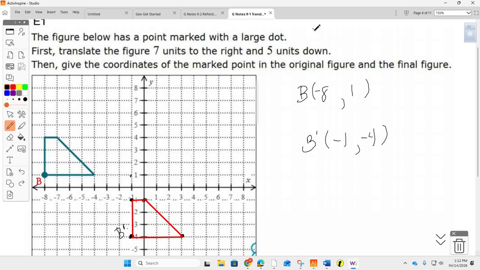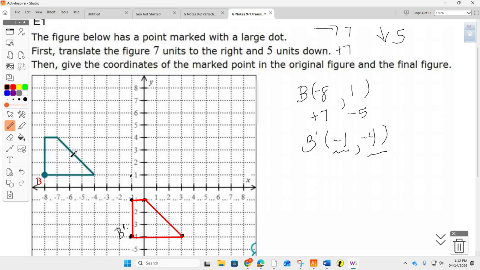So here they told us to go right 7 and down 5. If you'll notice, if we take -8 and we add 7 to it, we get -1. If we take 1 and we subtract 5 from it, we get -4.